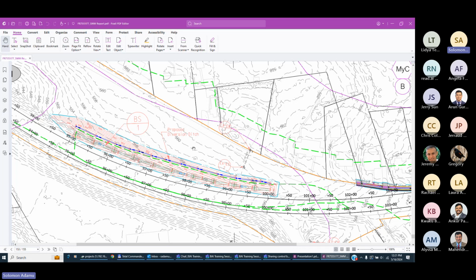So the point here is, even though we calculate the project requirement based on the LOD to the POI, when we design the ESD practice, it has to be based on the drainage area to the proposed practice.